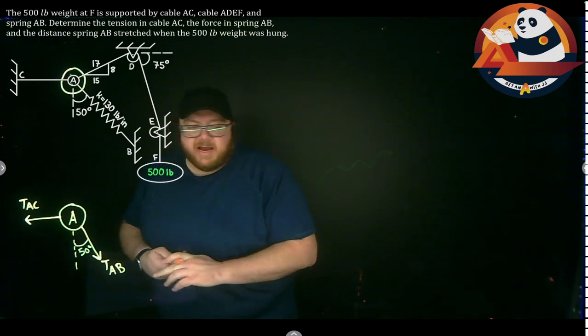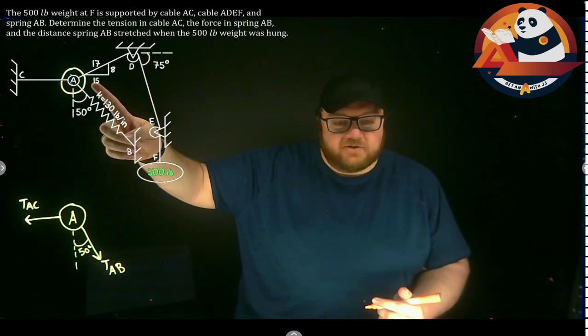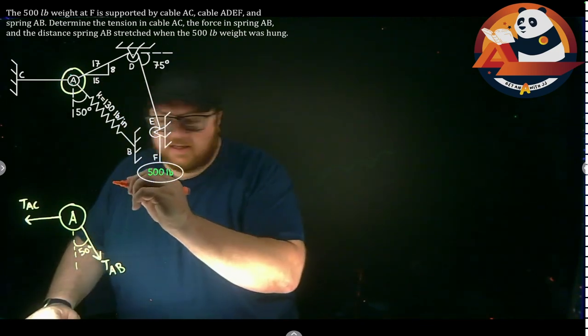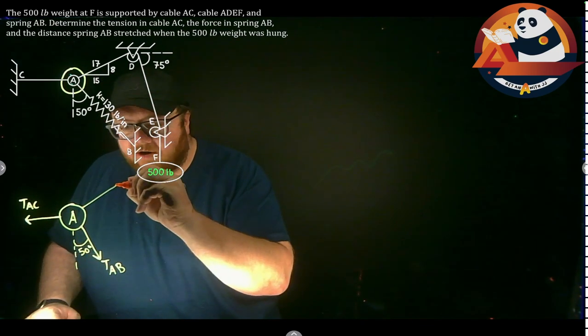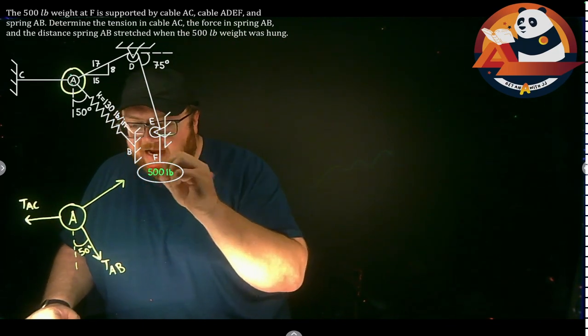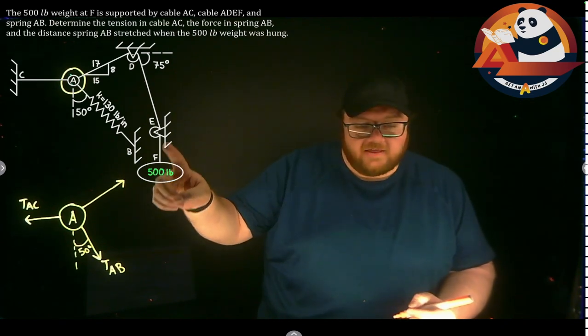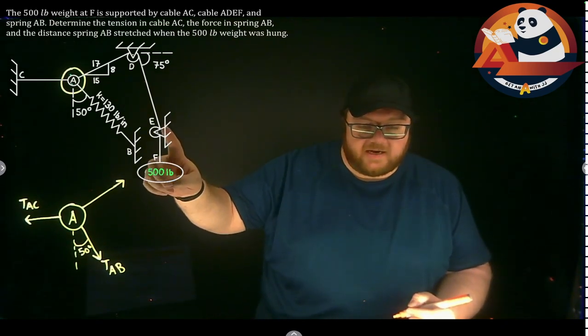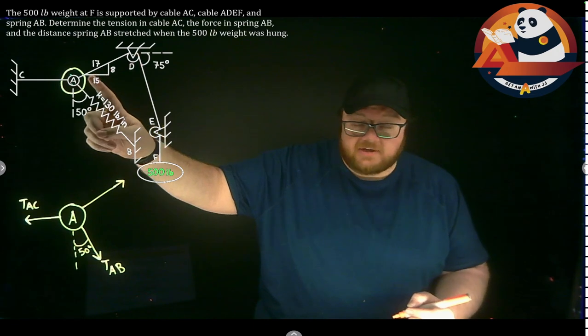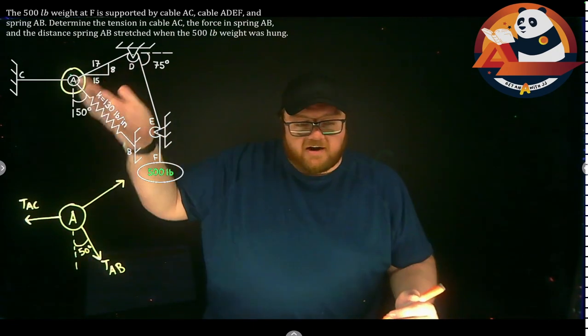The very last thing we have is our ADEF cable. I'm going to show that just straight up and to the right as it leaves point A, because that's the particle we're drawing the free body diagram of. So this is my T_ADEF, but I know that if it's 500 pounds at the weight, then it's 500 pounds as it goes up to our pulley at E. It's the same cable, so our tension is never going to change along that. Same cable, same tension, no matter how it changes angles.